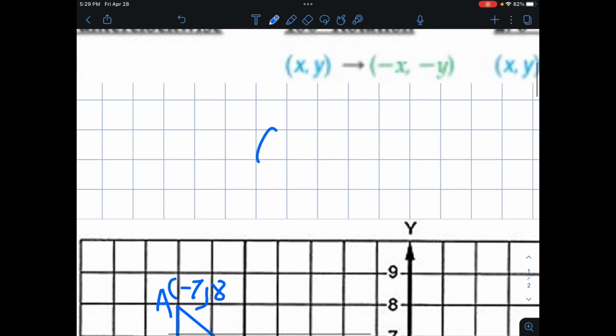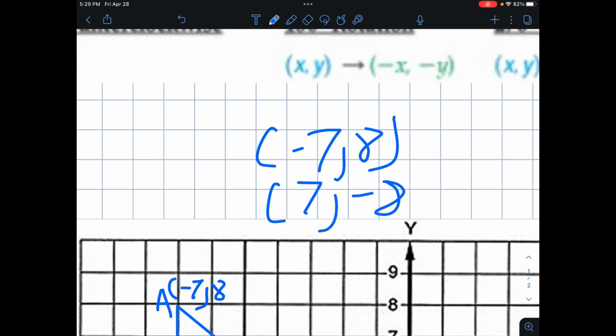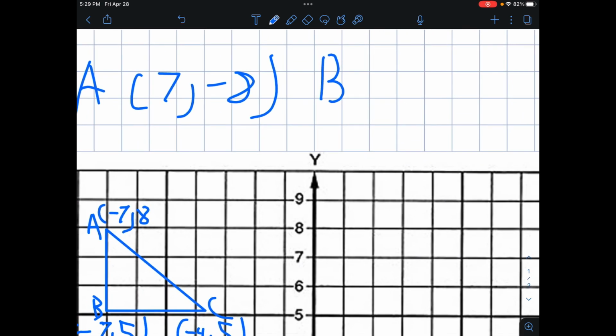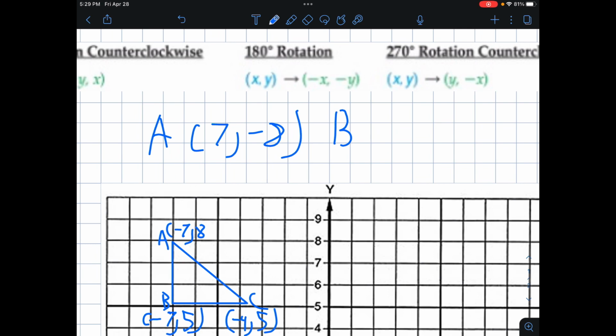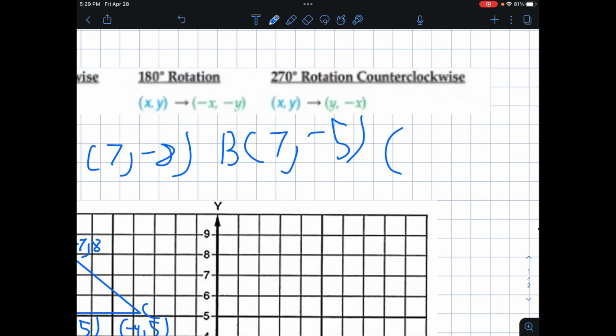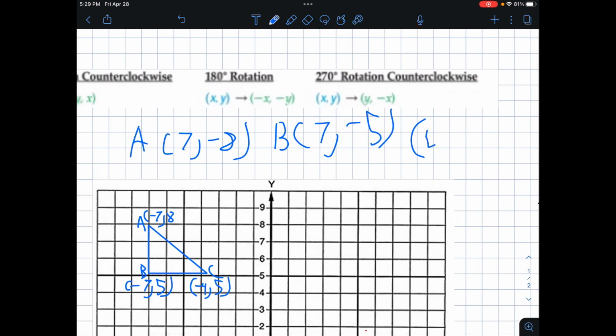So again, with this negative 7, 8, instead of swapping it, it's going to be 7, negative 8, since we're turning them negative. This is for A. B is going to be 7, negative 5. And lastly, C is going to be 4, 5.